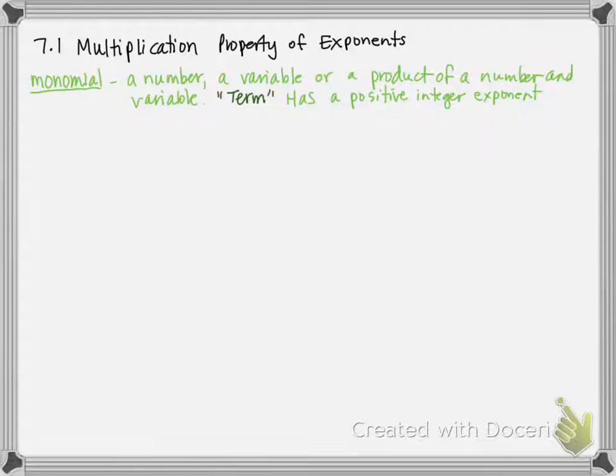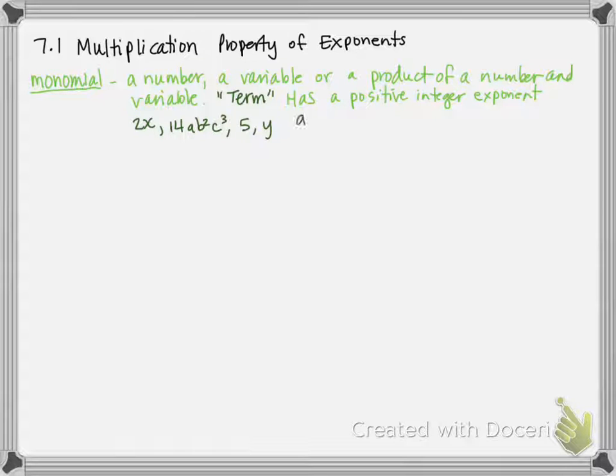and we'll also talk about monomials that have rational exponents. Yeah, that'll be a lot of fun. So let me give you some examples. 2x is a monomial, 14ab squared c cubed is a monomial, 5 is a monomial, y is a monomial.